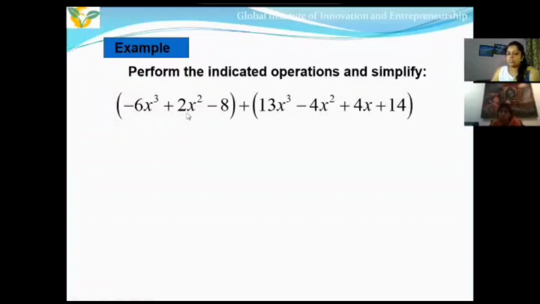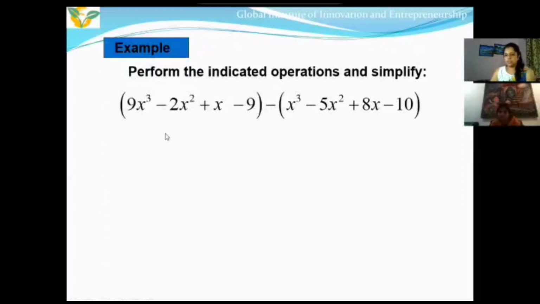So I have to perform the operation required here. Plus 2 minus 4 will give us what? Minus 2x square. Here the coefficient of x is 4, but in the first bracket the coefficient of x is 0. So 0 plus 4x will give us plus 4x. Minus 8 plus 14 will give us plus 6. Keep the greater number's sign and subtract, because there are two different signs.